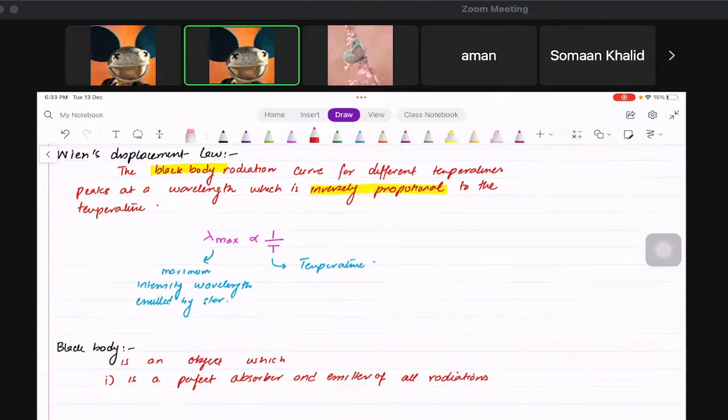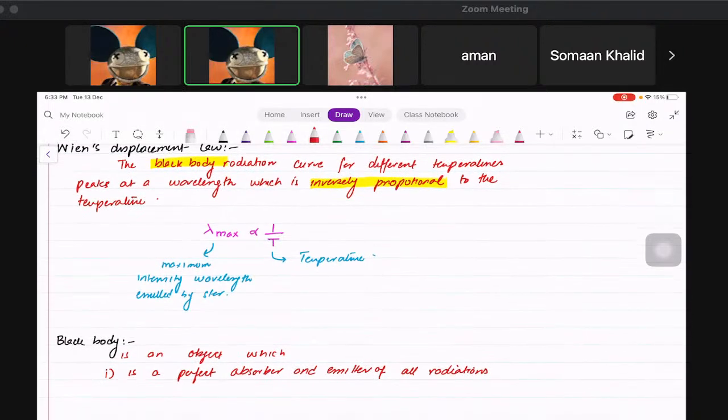And number two, it does not reflect or transmit any radiation.